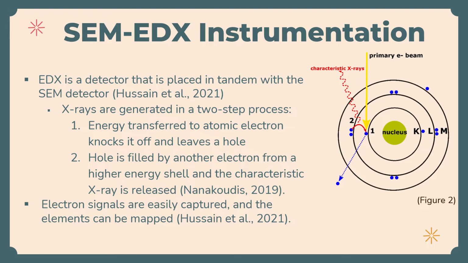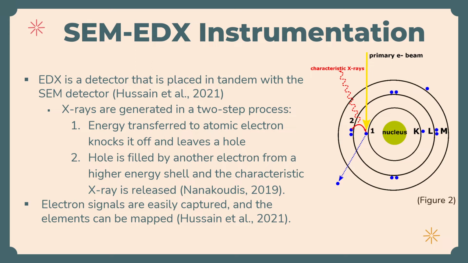The way that EDX produces a signal is that it can determine an elemental composition or makeup through a two-step process. The first step begins with energy being transferred to the atomic electron, which in turn is knocked off, leaving an empty hole in the sample, which you can see in figure 2, so the 1 and 2.